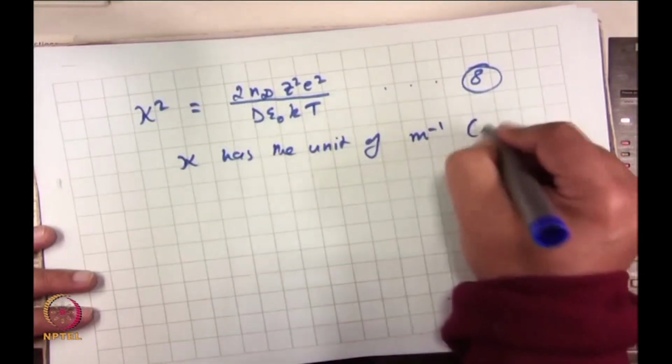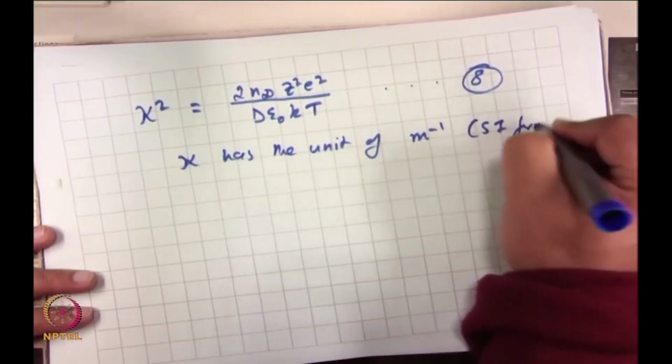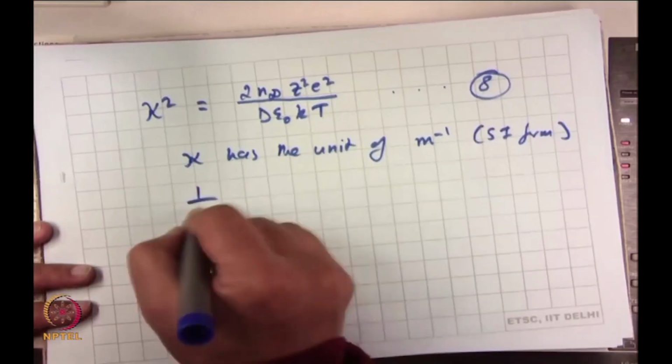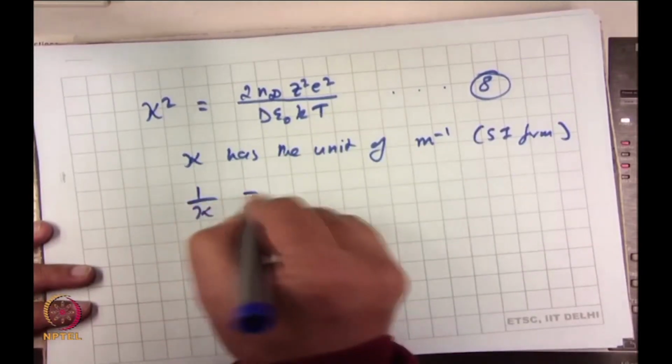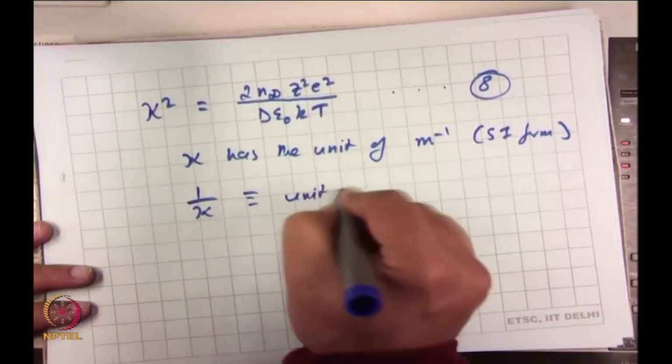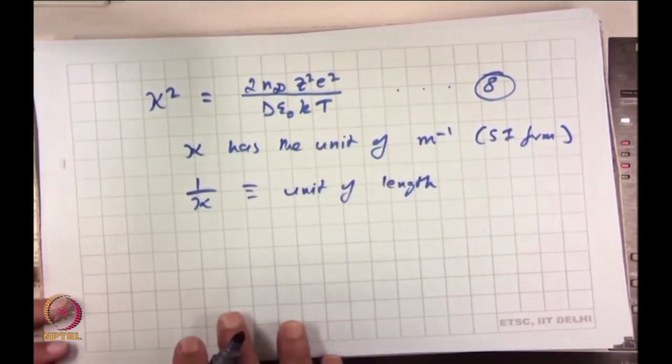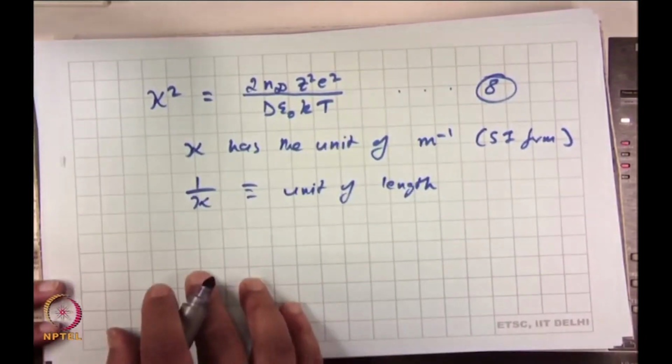This is in the SI unit, meter inverse, right. That means it is the inverse of what? Length. That means 1 by kappa would be having the unit of length, right.